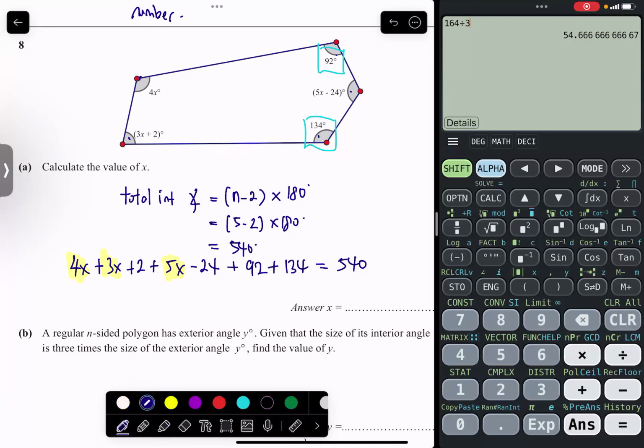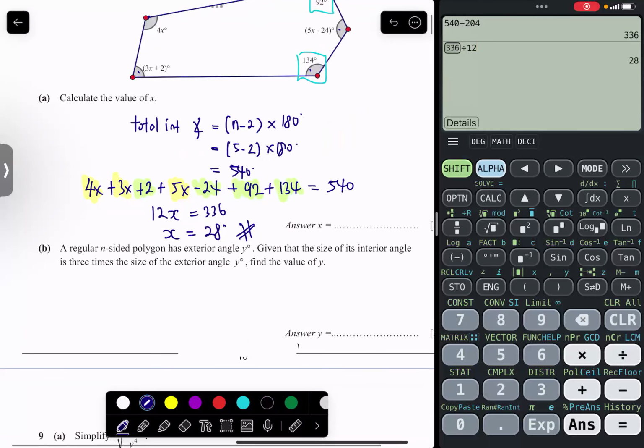Then group up all the numbers: 94 minus 20 is 70, and with the rest that gives 204. So 204 goes to the other side. 12x equals 540 minus 204, which is 336. So x equals 28. That's all.